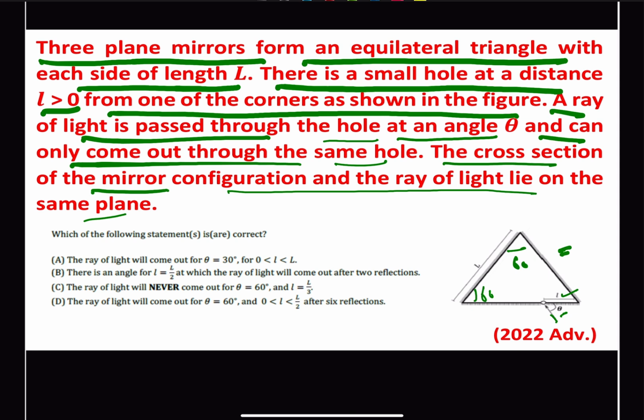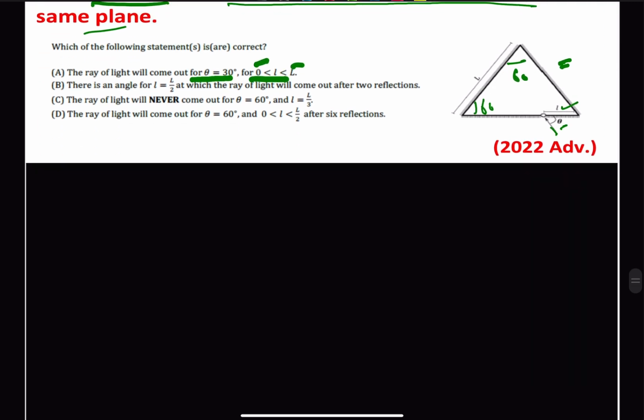So in the first case, it says that the ray will come out for theta is equal to 30 degree for the value of L, which we can say value of hole should be between 0 and capital L. Okay. So let's draw the ray diagram for it. So we are given that theta should be 30 degree, and we are given that this L should be lying between 0 and capital L.